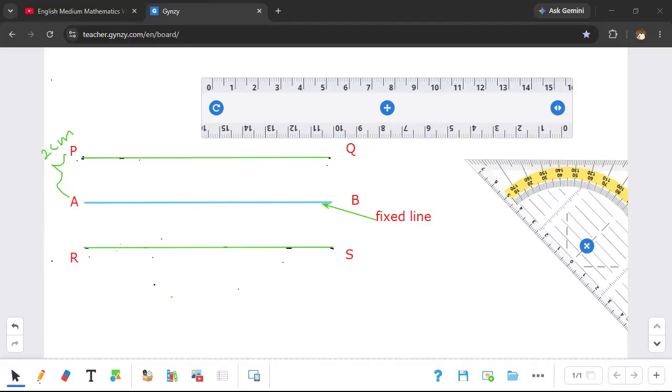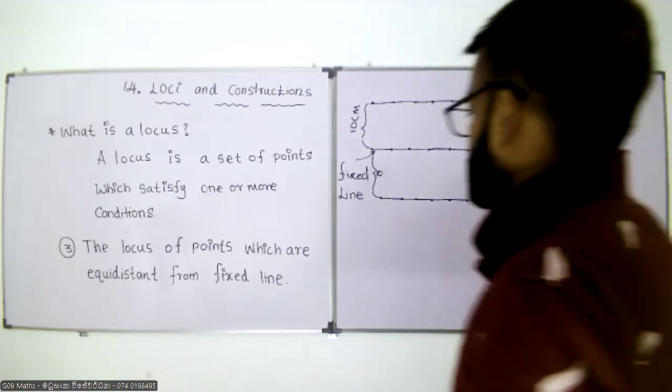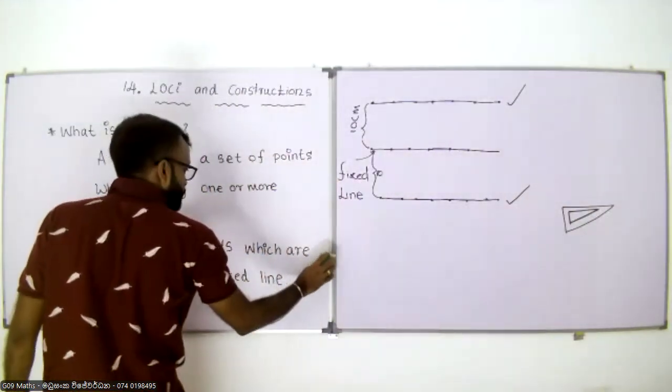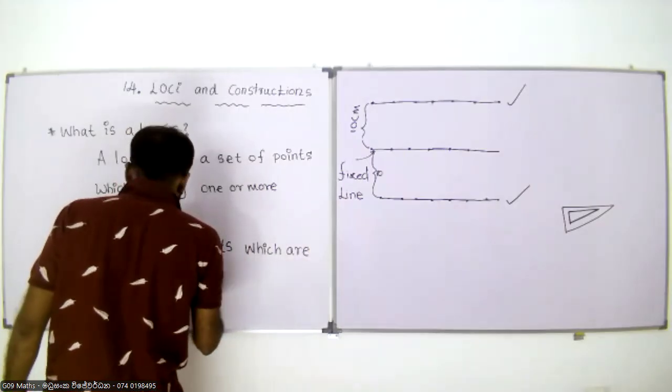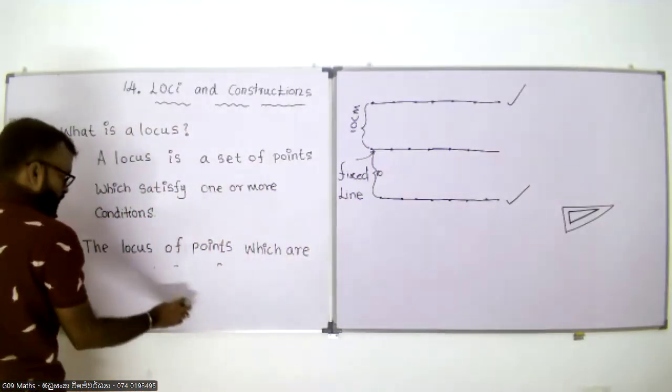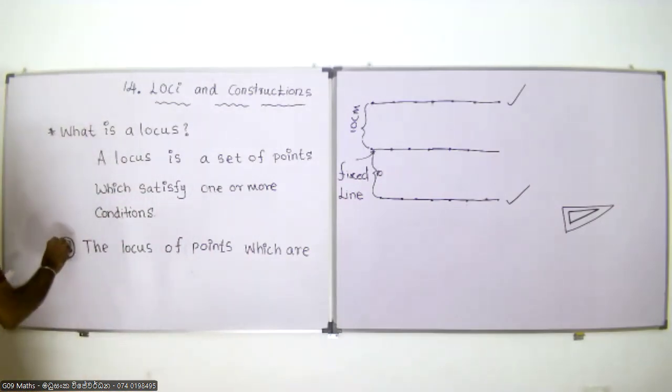So let's go for the fourth locus. I am going to stop sharing. Angle bisector. That is my fourth.